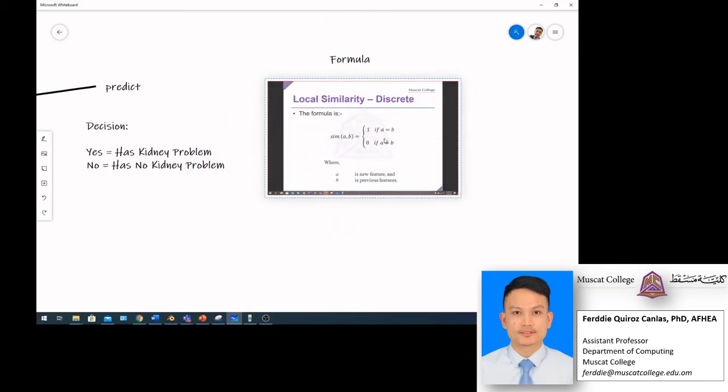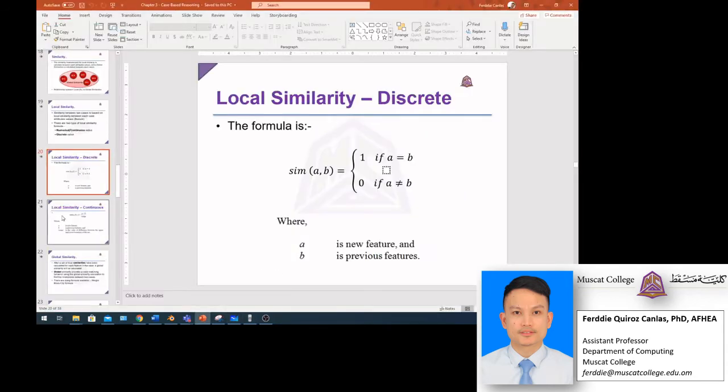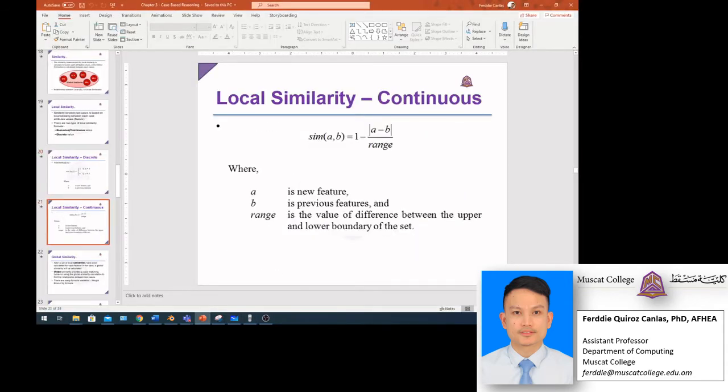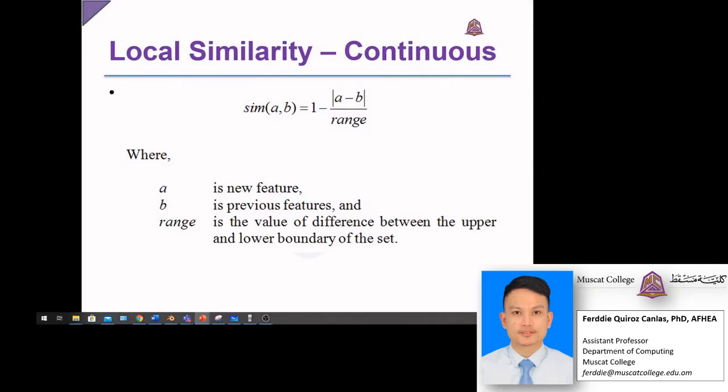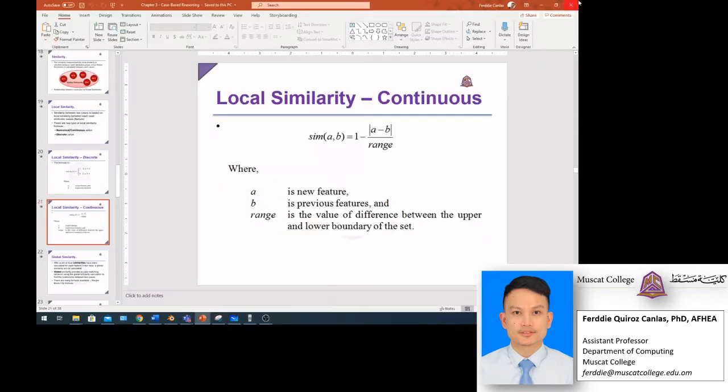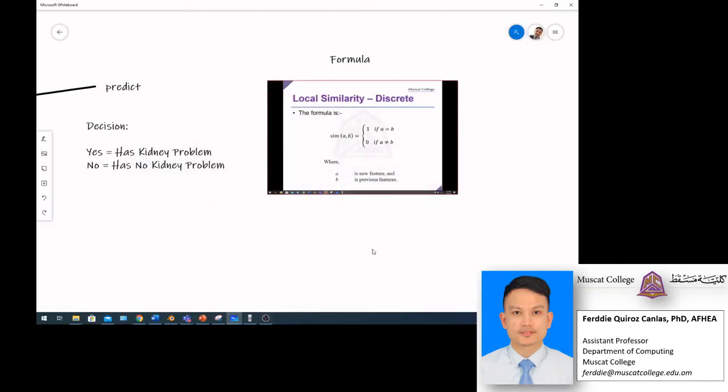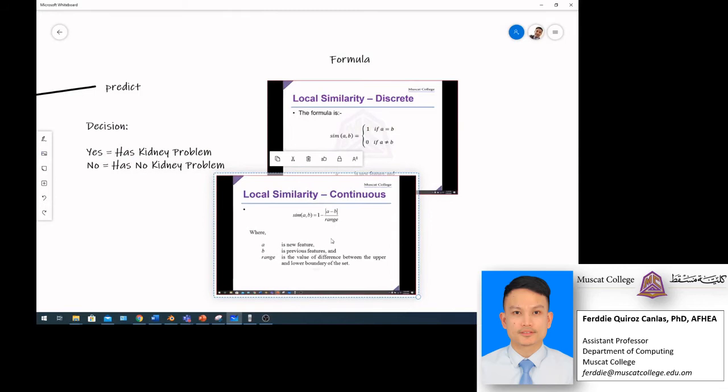Okay, so these are the formulas we're going to use for discrete, and we're going to use this formula for continuous. Let me just paste them here so that you will know them later.